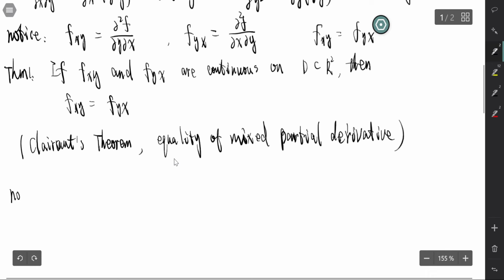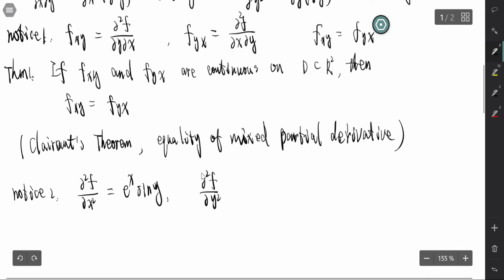Notice the second derivatives: partial squared f partial x squared is e^x sin y, and partial squared f partial y squared is negative e^x sin y.